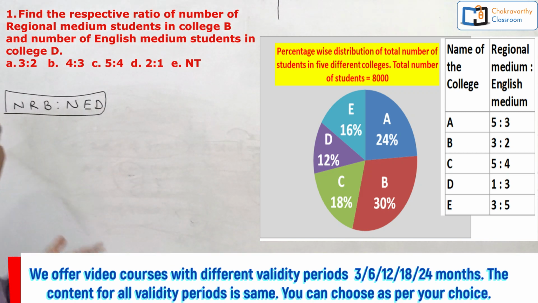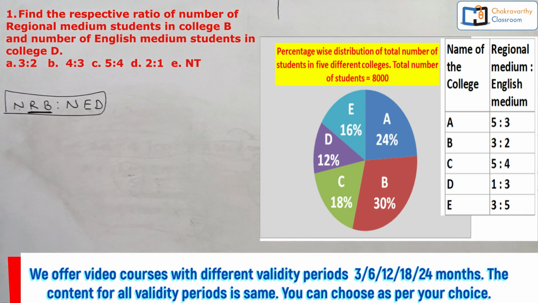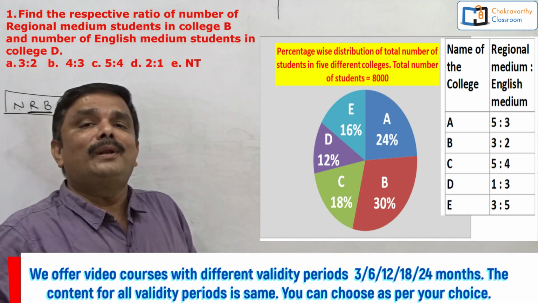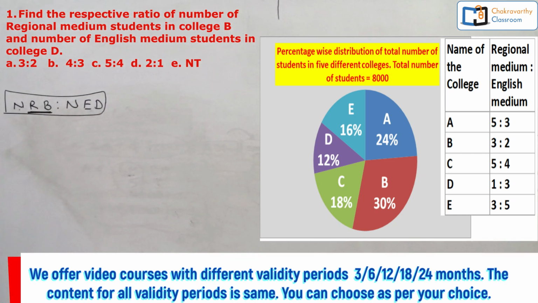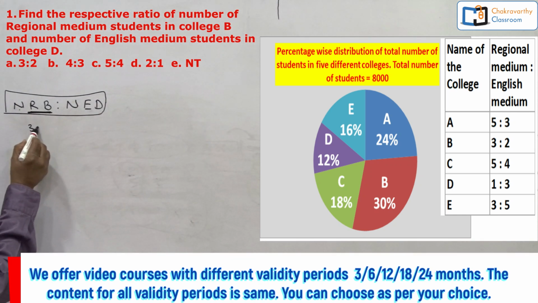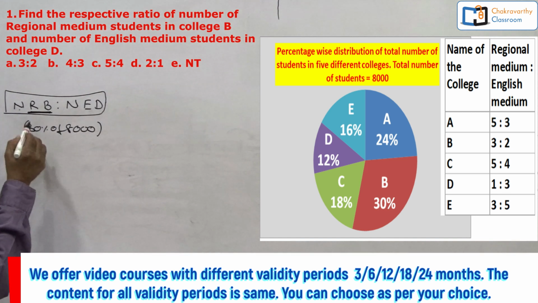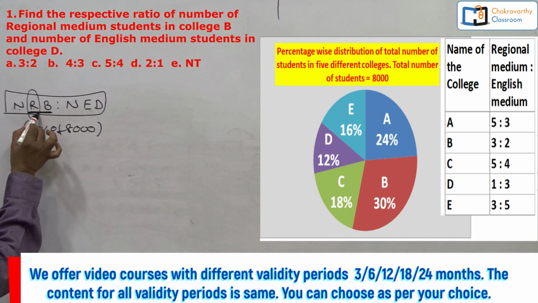What's the conventional way? Simple one. Number of regional medium in college B. First of all, you see, college B, the distribution is 30%. Total number of students is 8,000. So the conventional method is 30% of 8,000, the total number of students in college B. But I need regional medium students.